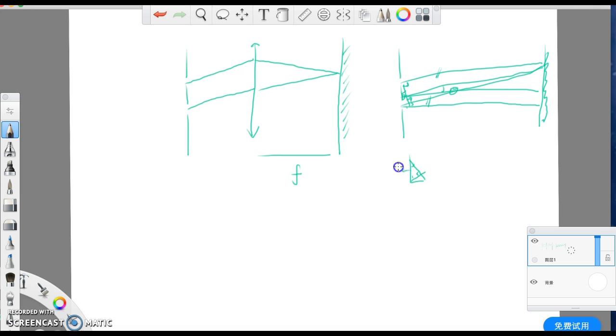If that's theta, then that angle is also theta. Because this line is parallel to this line, and this line is approximately parallel to this line, these two angles are the same. So this angle is theta, right?